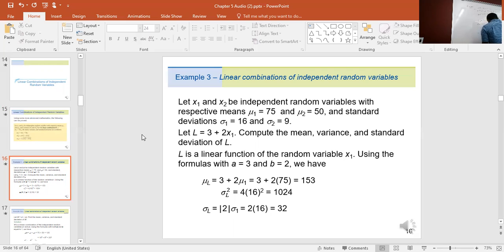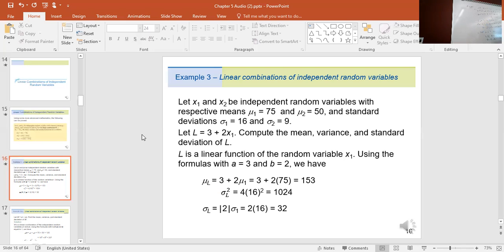And the variance of z is variance of y plus 2 square variance of x. This is plus, actually it's minus 2. Let me put it correctly, minus 2 square. And you know when you square minus, it becomes plus.